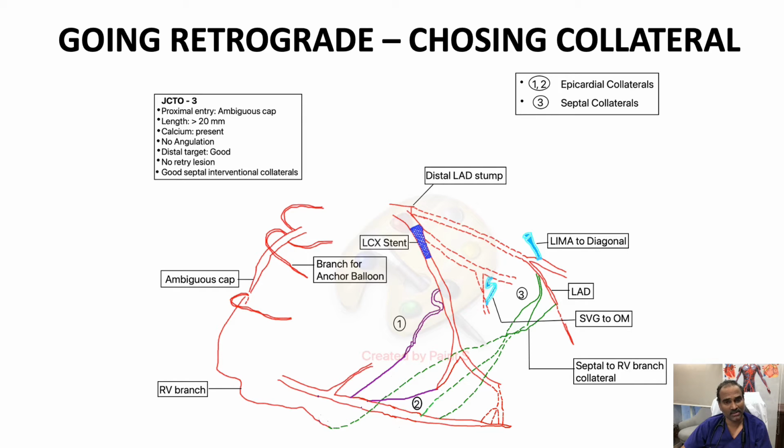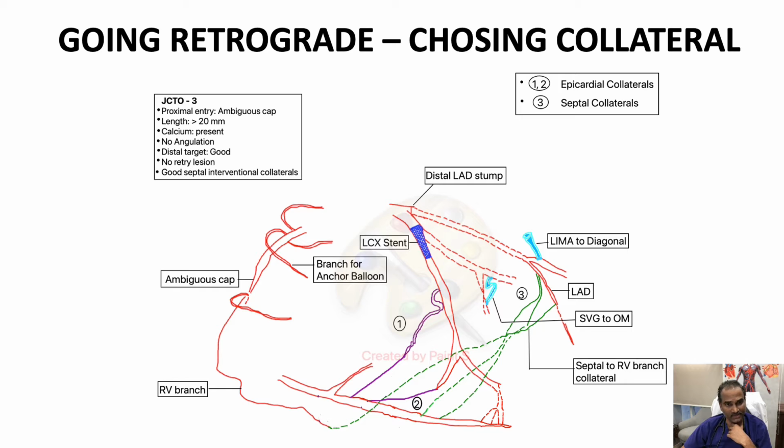So then I thought of going with these epicardial collaterals. In epicardial collaterals, this one was good in size. When size is good, however, maybe the loops we can cross, and as it contains all three layers of artery, chances of perforation will also be less.